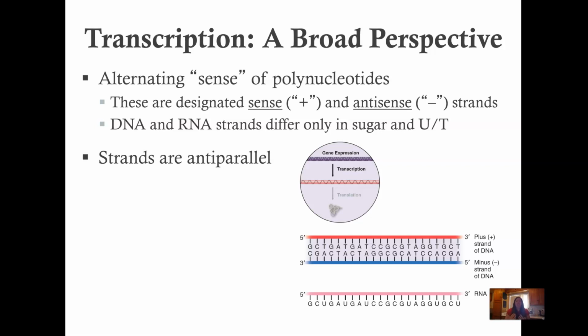So there's this alternating sense with polynucleotides, strings of nucleotides. We call the plus strand the sense strand and the minus strand the anti-sense strand, and they're always anti-parallel. So it's easy to figure out which strand of DNA the RNA is being built from, because it's always going to be the opposite, anti-parallel direction.